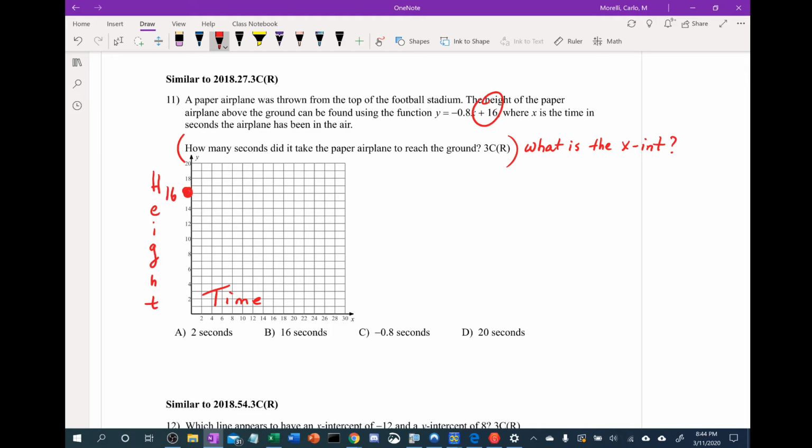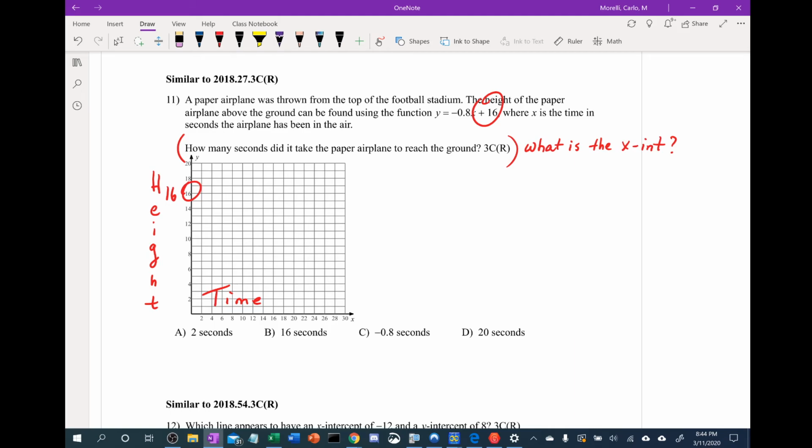Okay, that's where it starts, and then it flies through the air and falls down over some number of seconds. So we just want to find out where it hits the ground. We know it starts at 16, and we want to know, how long does it take before it is 0 feet above the ground?